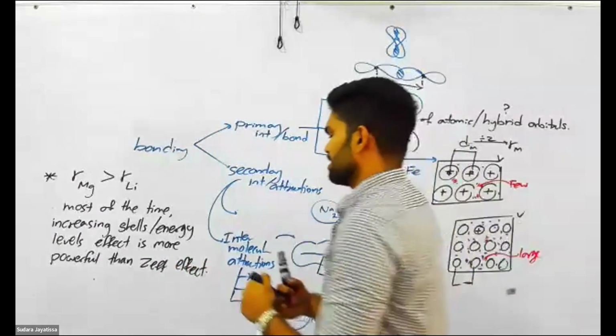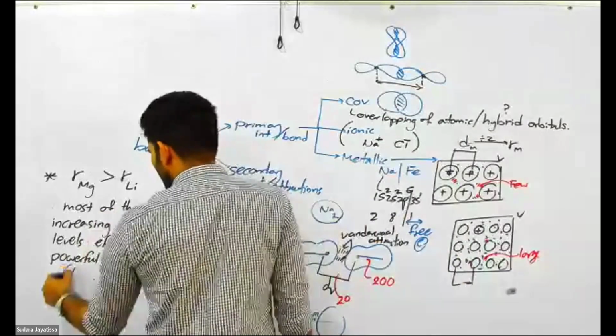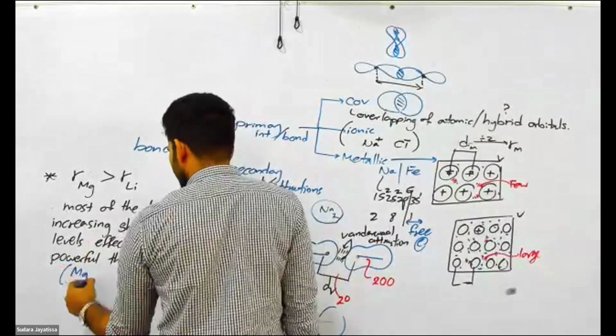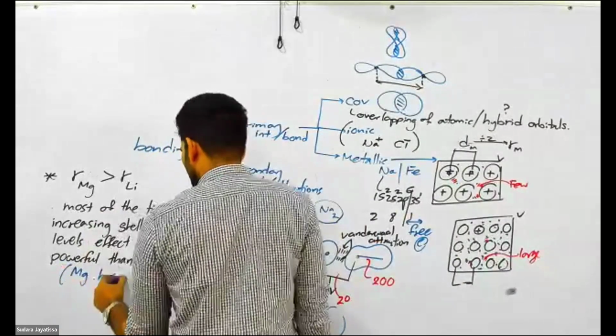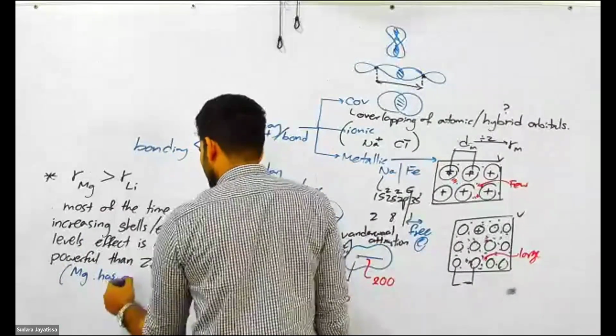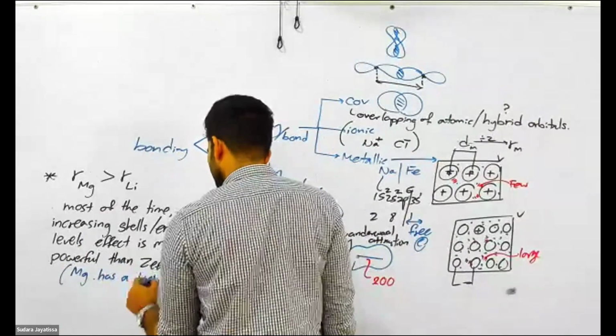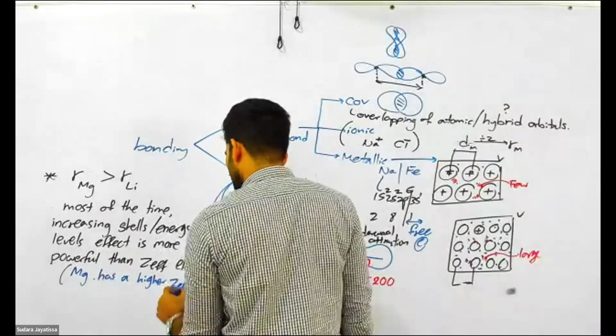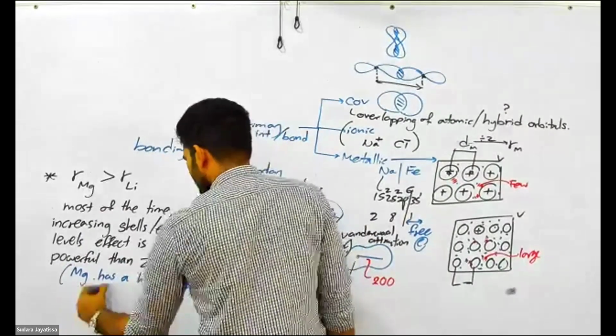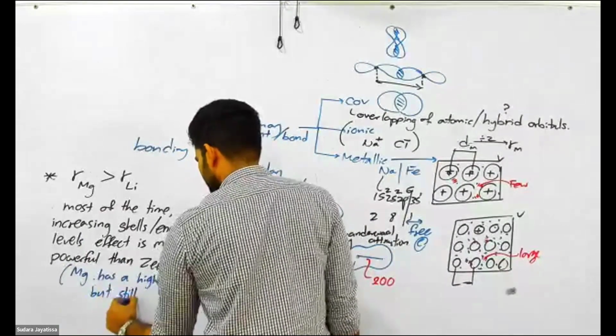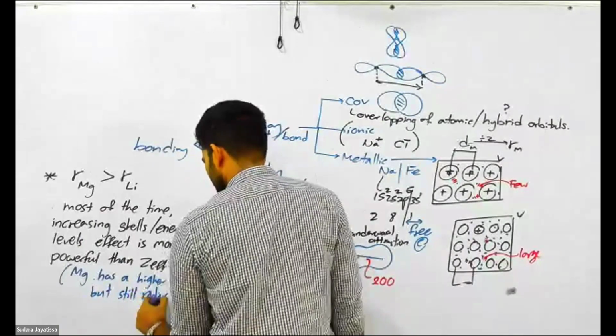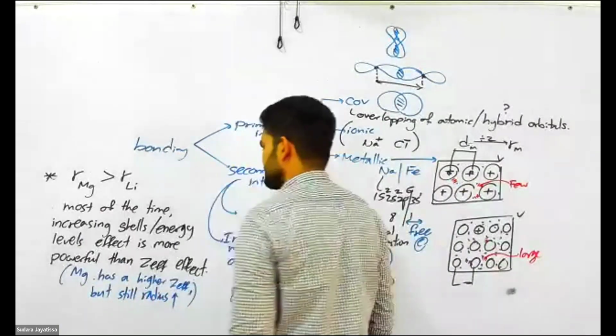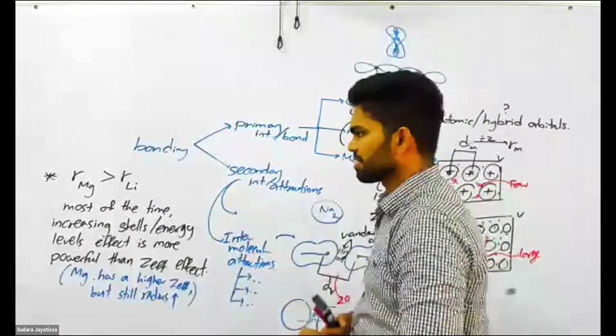Right? Now this one, magnesium, is having a higher ZDF, but still the radius is large. That's the reason.